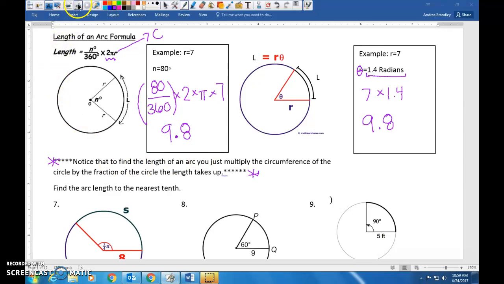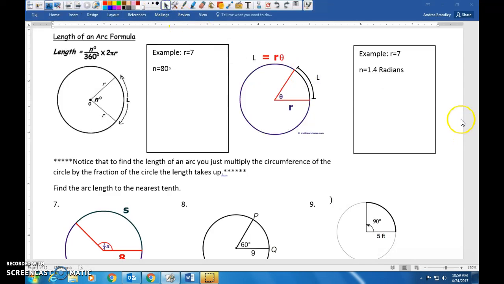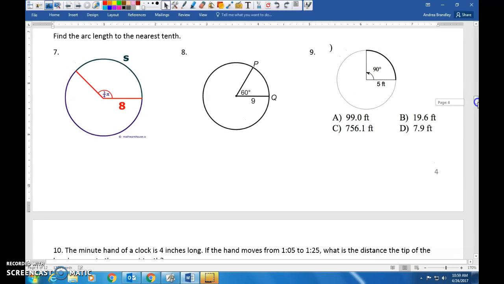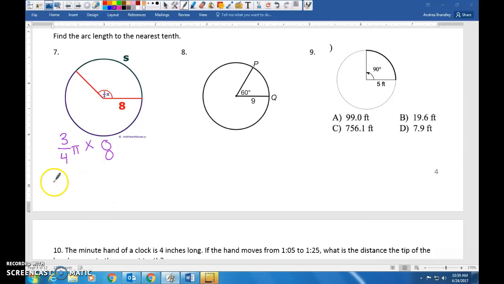So we're going to go ahead and find a few more arc lengths just to make sure that we're all confident in what we're doing. So we're finding these arc lengths down here. This first one is 3/4 pi is my angle, and then my radius is 8. And since this is in radians, all I have to do is multiply these two.